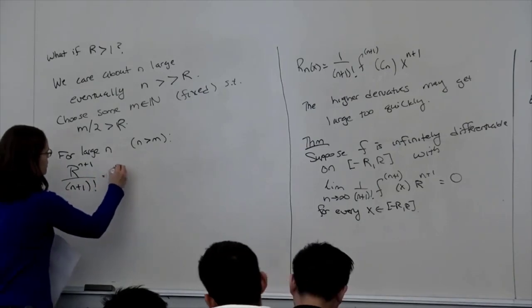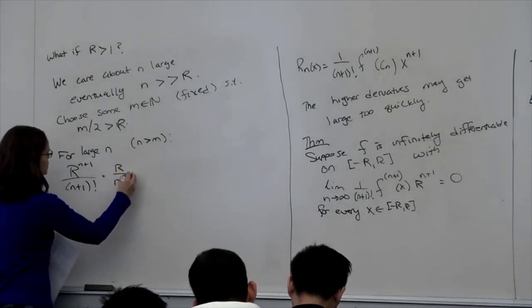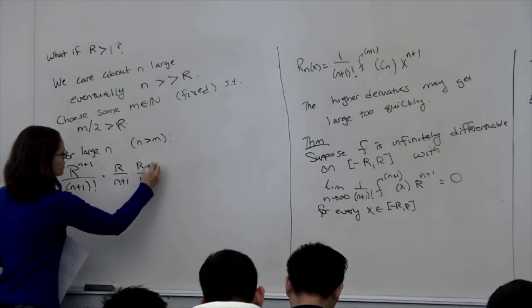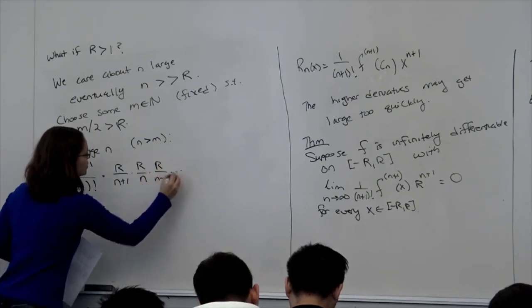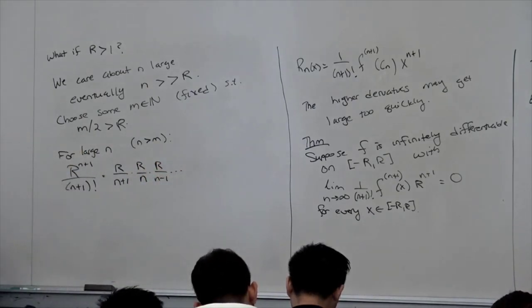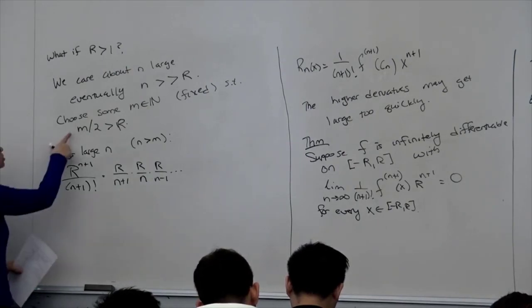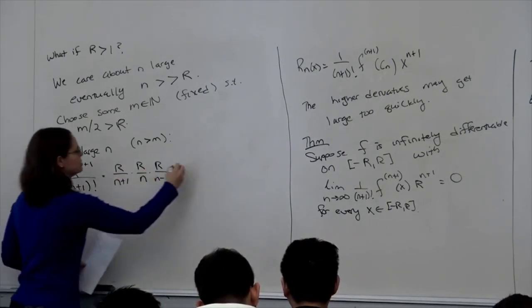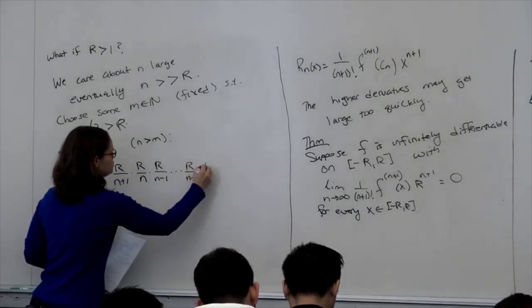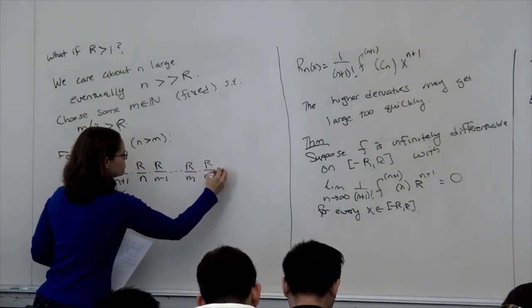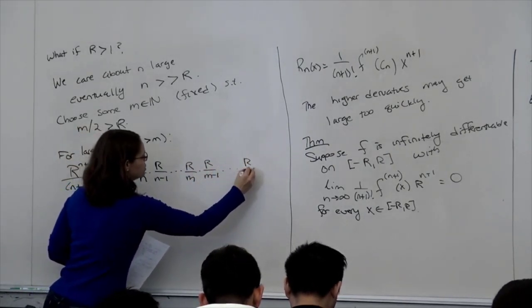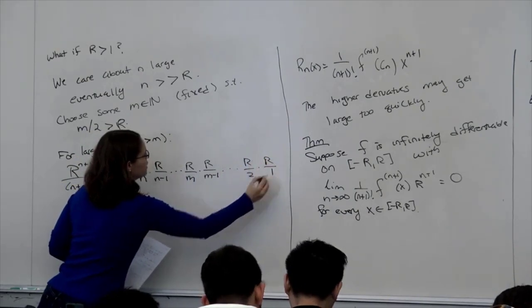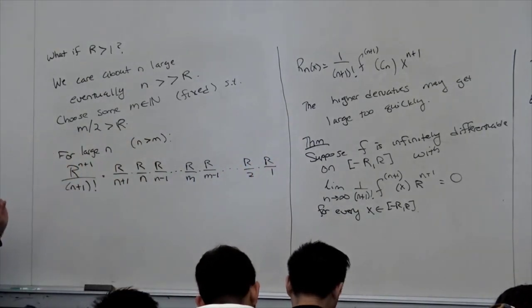So I can certainly break things up this way. Eventually we get to this integer m that we picked. And eventually we keep going and we get to n. And there's an exact match in the number of terms.